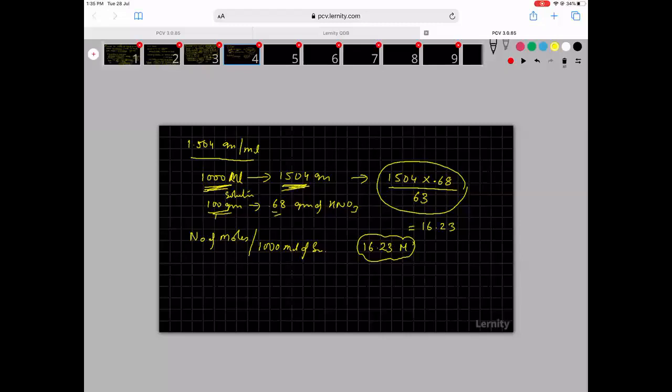So many grams into 0.68 gives so many grams of HNO3, divided by this will give you so many moles of HNO3 in 1 liter. So that is nothing but the molarity. Am I clear? Can we move on?